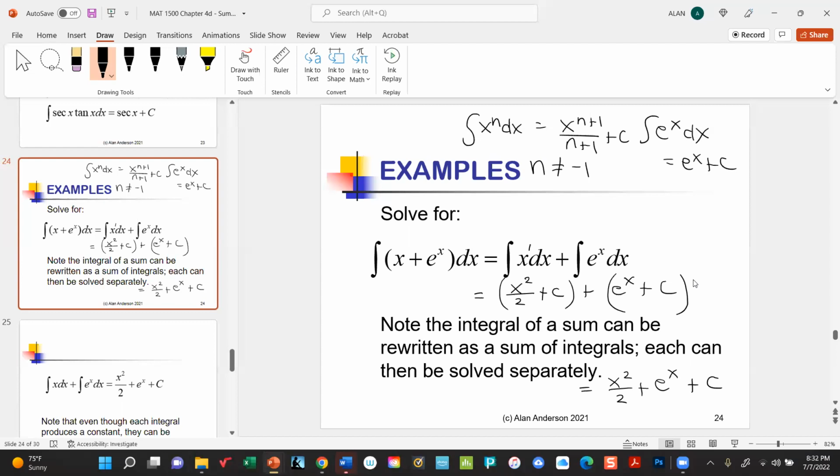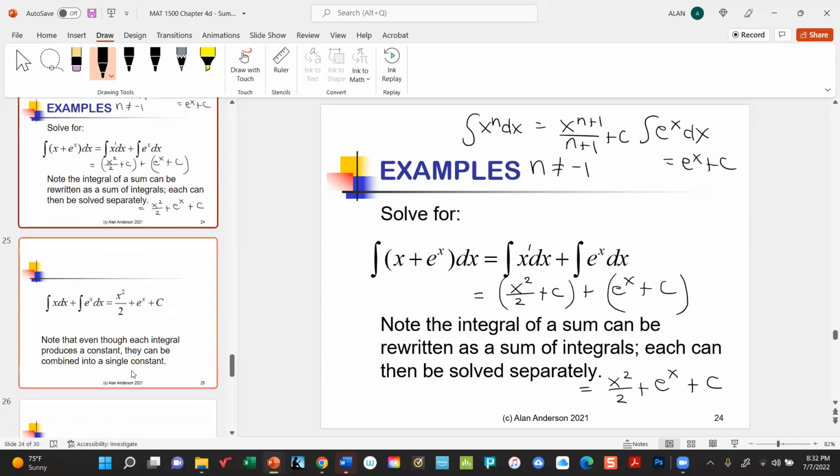So basically, this was a little bit different because we had a sum, but it was very easy to handle because all we have to do now is break up the integral into different components and then apply the rules individually. There's no rule, for example, for x plus e to the x, but it doesn't matter because if we split it up like this, we can see that there's a rule for each separate integral, and then we can go ahead and do it.